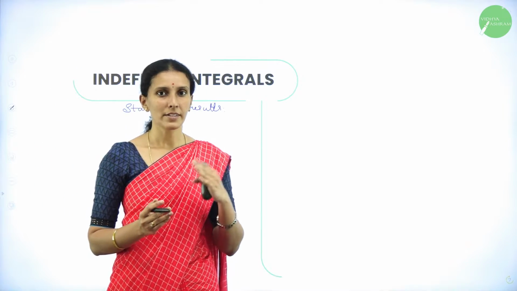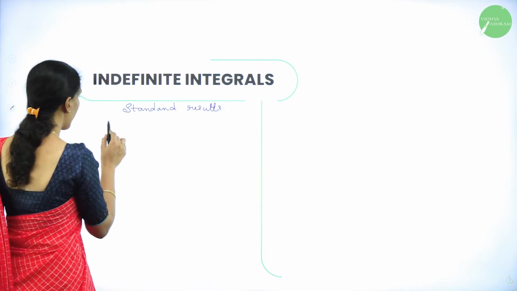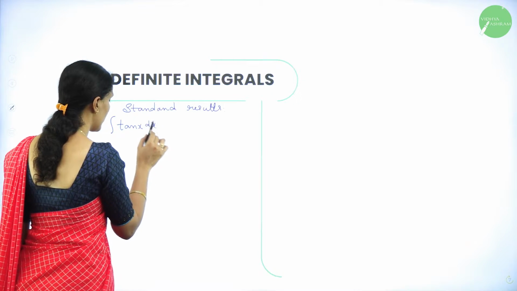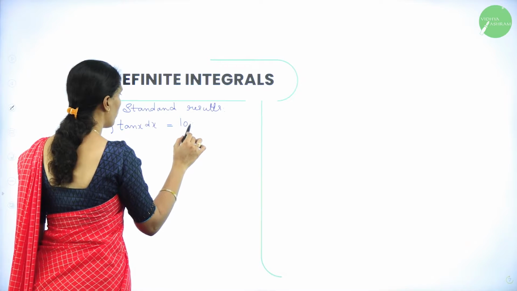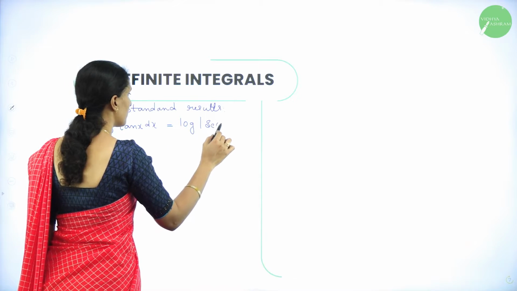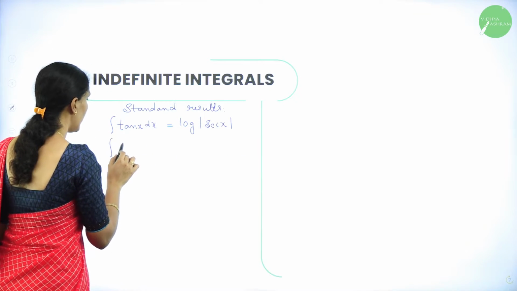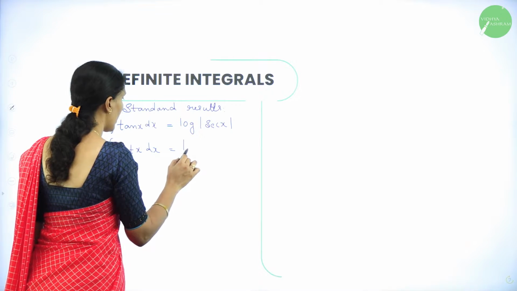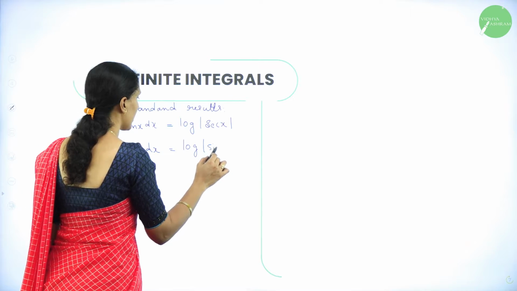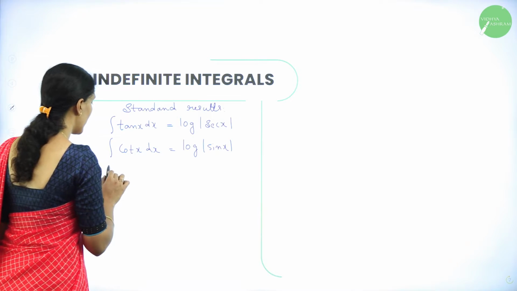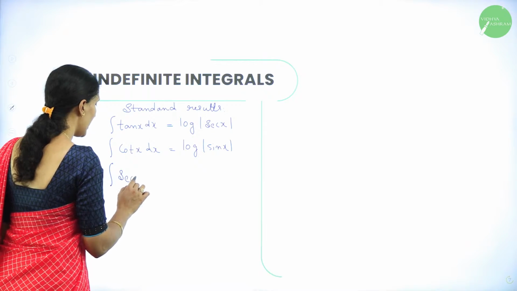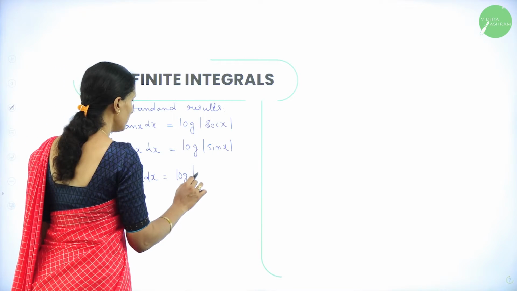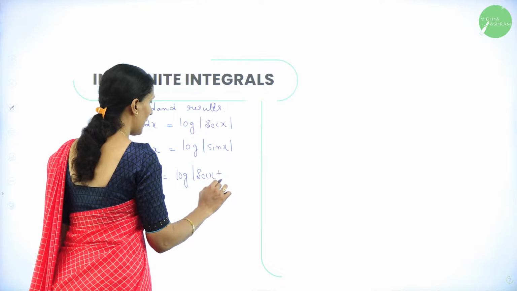So what are some standard results? That is, we can write integration of tan x dx as log of secant x. Next, integration of cot x dx can be written as log of sin x. Next, integration of secant x can also be written as log of secant x plus tan x.